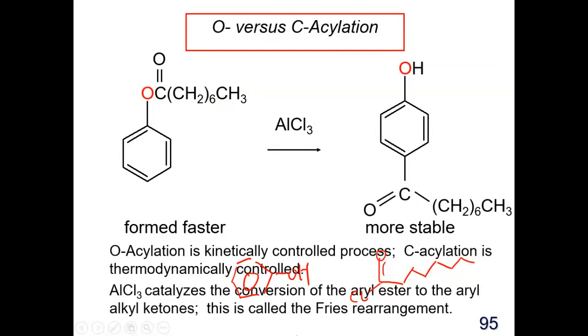This kind of reaction is called Fries rearrangement, and it basically describes that aluminum chloride catalyzes the conversion of the O acylation product of phenol into the C acylation product.